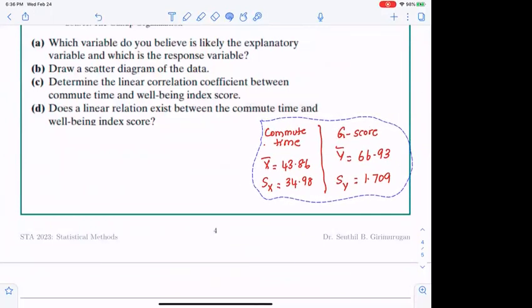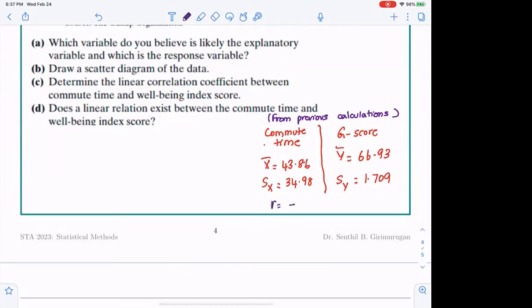So from previous calculations, we have the mean, we have the standard deviation. We determined the value of the linear correlation coefficient as negative 0.9810.